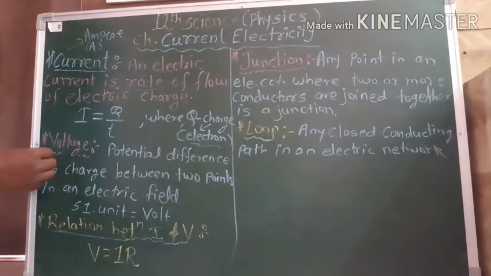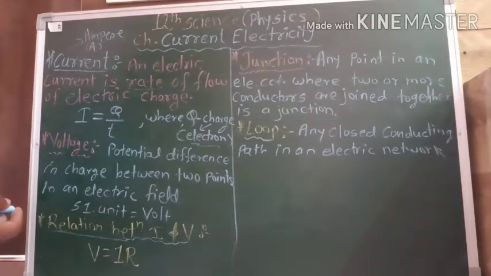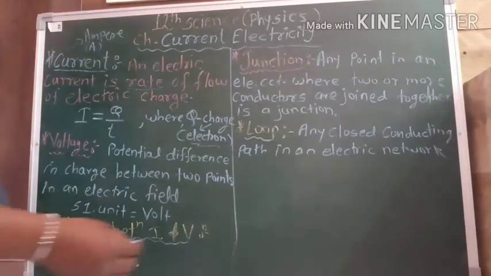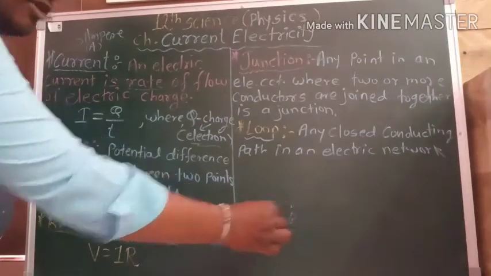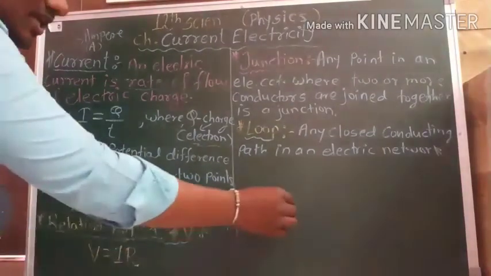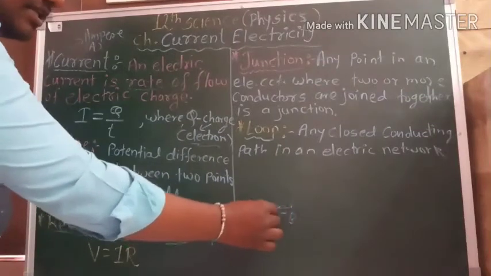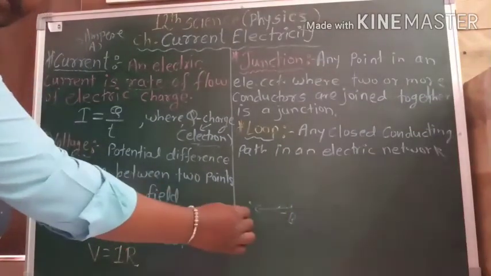Then the next point is voltage. Voltage is the potential difference in charge between 2 points in an electrical field. Suppose this is point A and the other one is point B, and we take the difference between the charges at these 2 points.